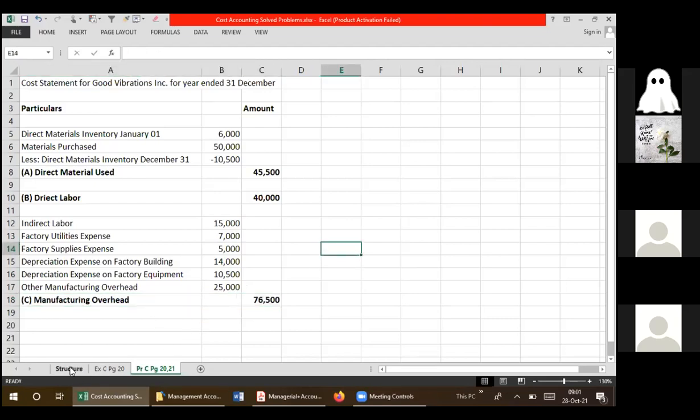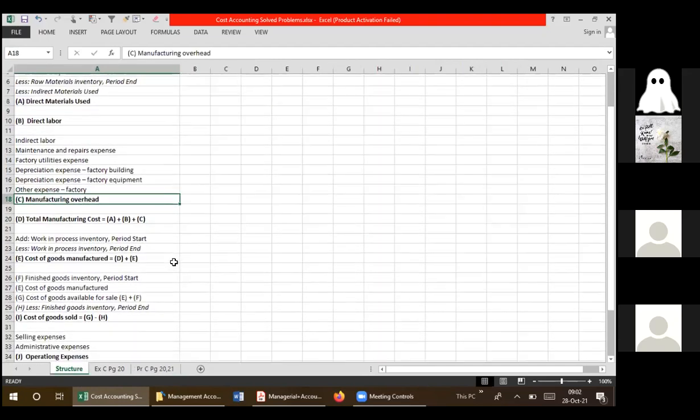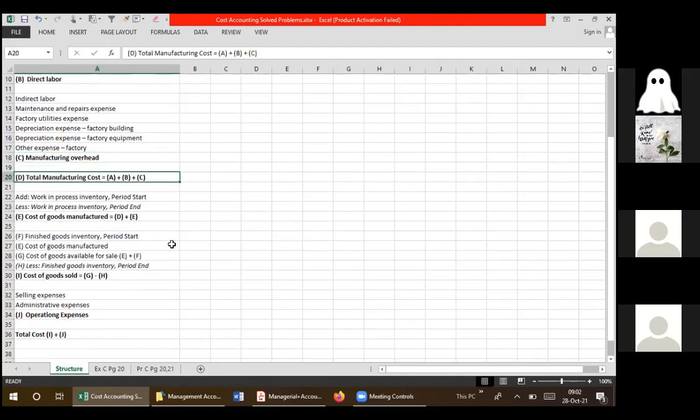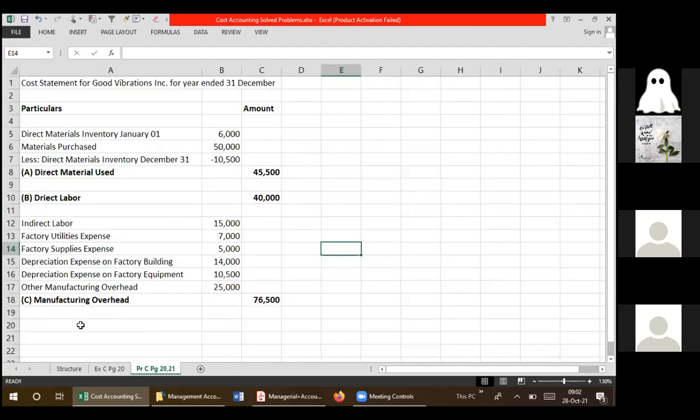All three of them add up to total manufacturing cost. So we have number D here.